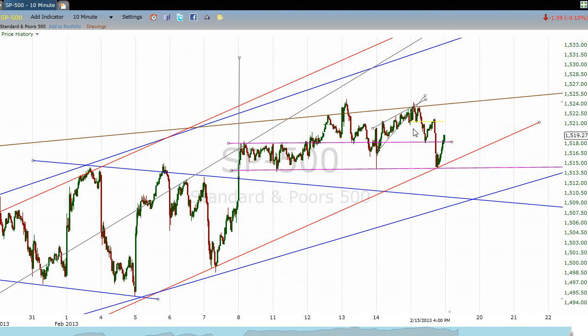Now it's starting to look a little bit more sluggish, like there's a little bit more headwinds.